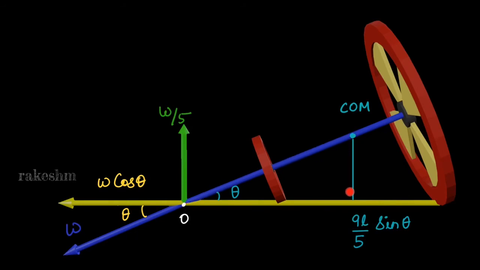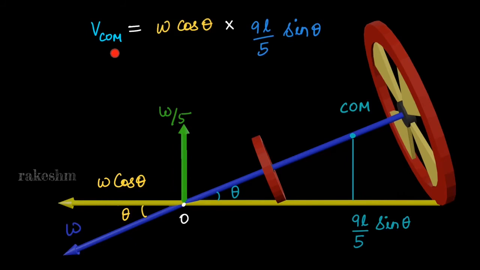So this distance here that you are seeing will be 9L by 5 sine theta, where this is the angle theta. So we can calculate the velocity of center of mass by omega times the distance from the center of mass to this axis. So V center of mass equals omega cos theta, which is about this instantaneous axis of rotation, times 9L by 5 sine theta. So the distance of this point from this axis is 9L by 5 sine theta. We are writing that here.